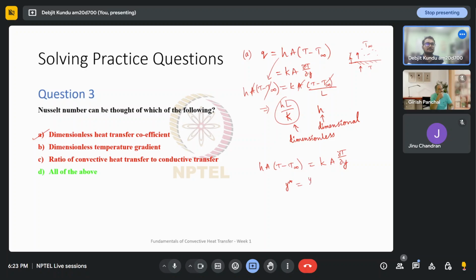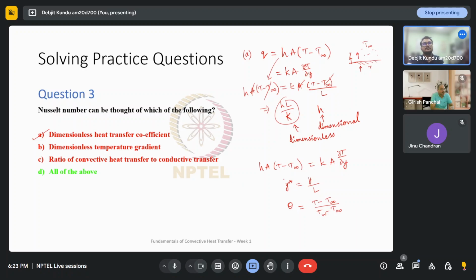So non-dimensional length y star would be y by L, where L is the characteristic length scale. And we will write down a non-dimensional form of temperature as well, which can be something like T minus T infinity by TW minus T infinity.